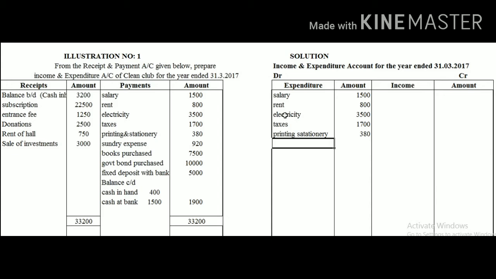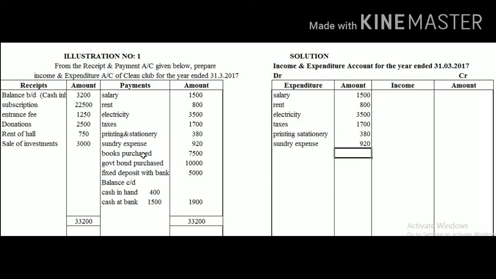And next one is sundry expenses. Sundry expense is also revenue expenditure, so it can be marked in the income and expenditure account. What is the amount of sundry expense? Sundry expense is 920. So the next item is book purchased.